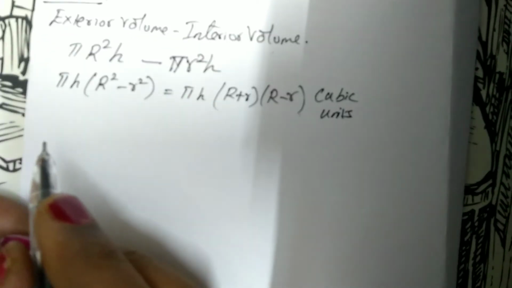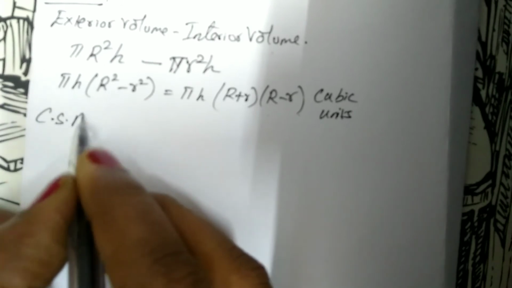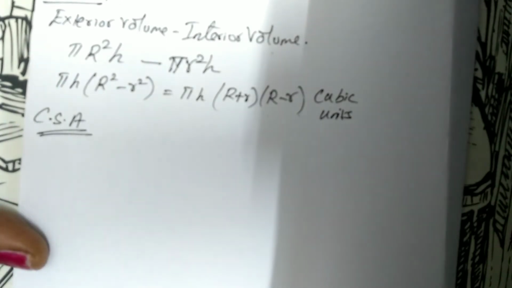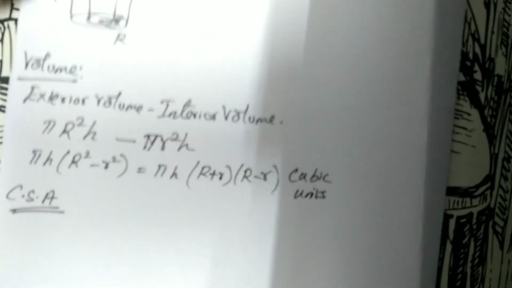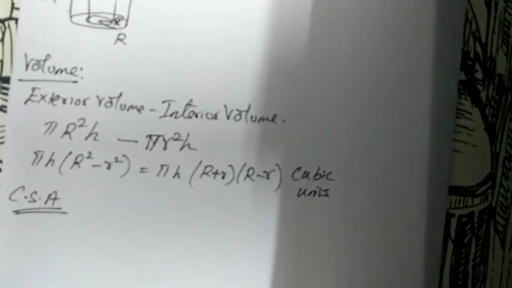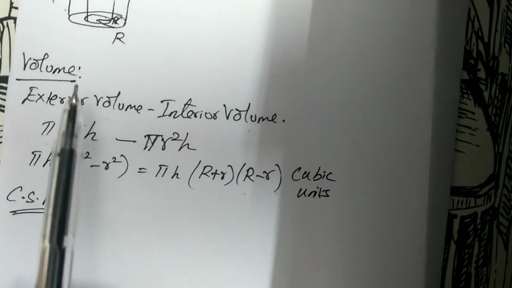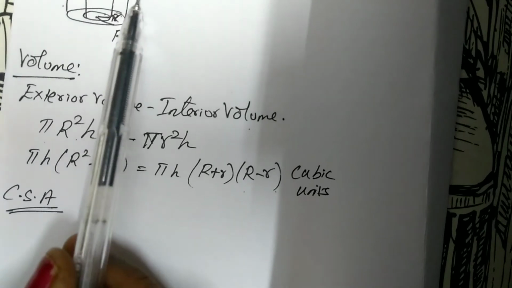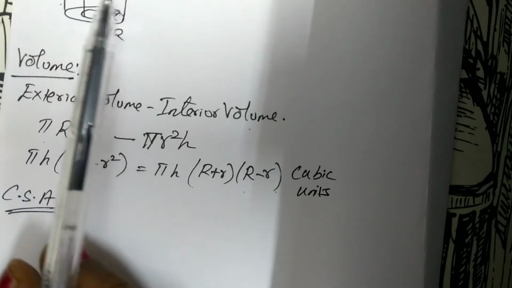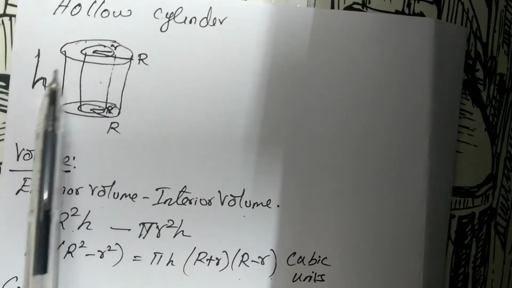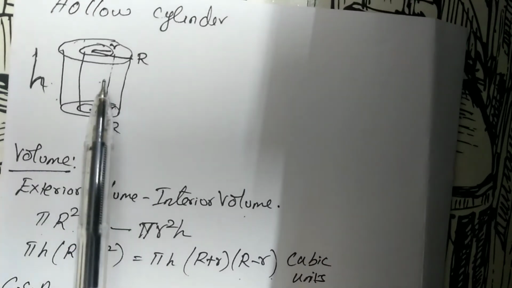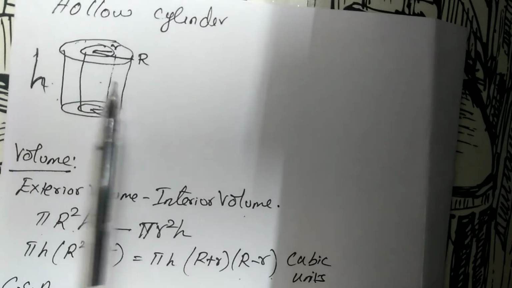Next, we have to do curved surface area. What is curved surface area for you? We see now. Curved surface area is this external surface plus the internal surface. Is it not? Curved surface area is the external surface plus the internal surface. Two surfaces you have.